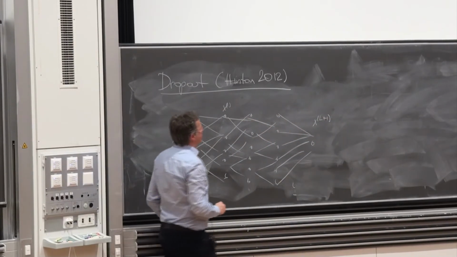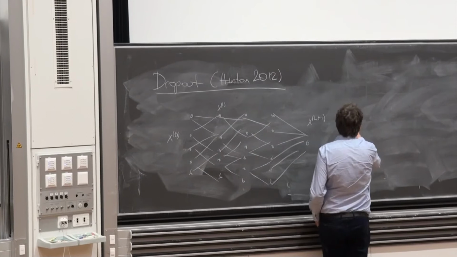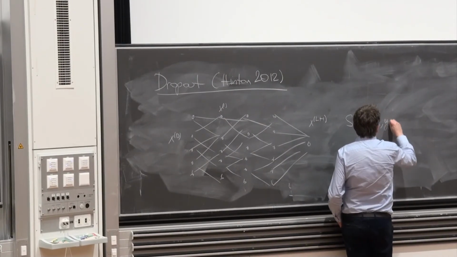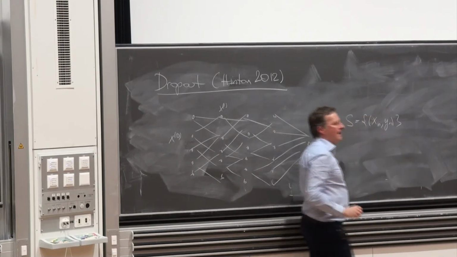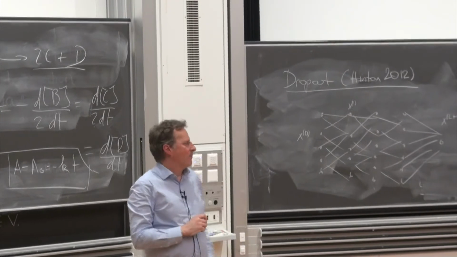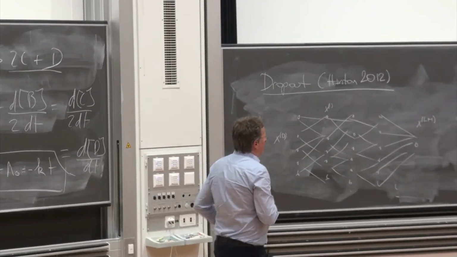What we are given, as always, is some data, pairs xn and yn. Maybe we want to do a regression task or a classification task, and we already learned how we do the learning.